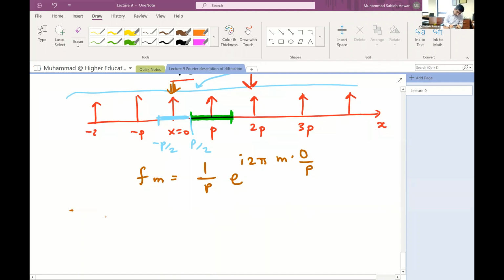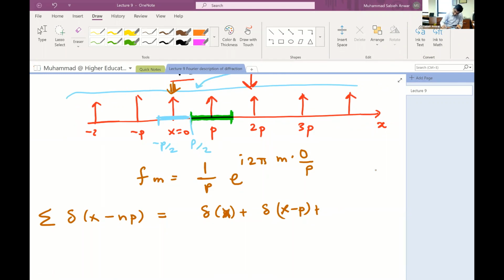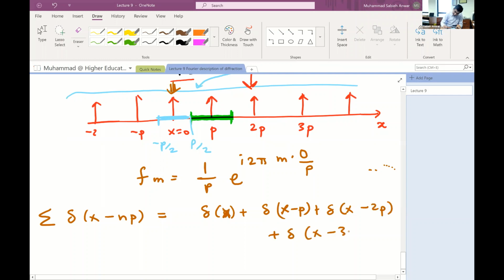Delta x minus n p means this: the Dirac delta function at 0, plus a Dirac delta function at delta x minus p, plus delta x minus 2p, plus delta x minus 3p, and so on.